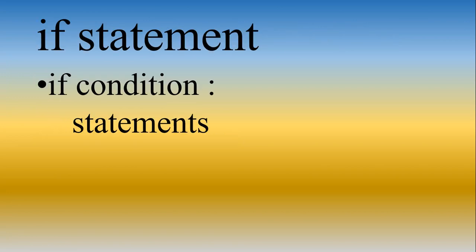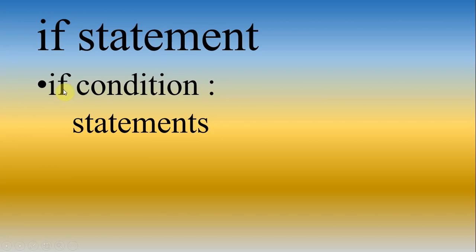But first let us understand the syntax of if statement. So the syntax of if statement goes like this. We have to write the word if and then we have to write the condition. Don't forget a colon after that because it is a part of the syntax in Python that you're supposed to write the colon. If you don't write a colon, Python will give you a syntax error.